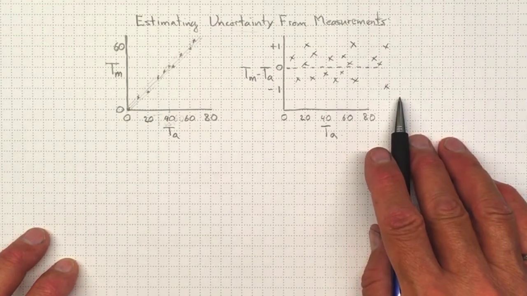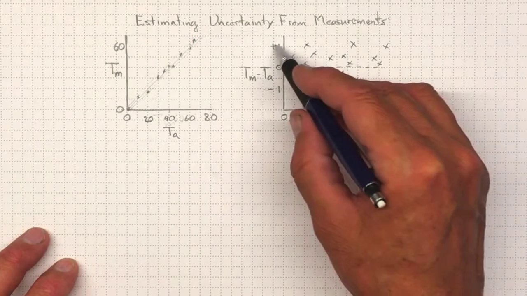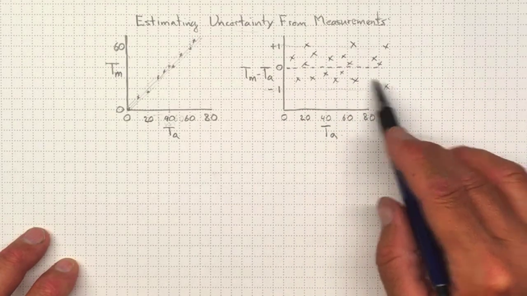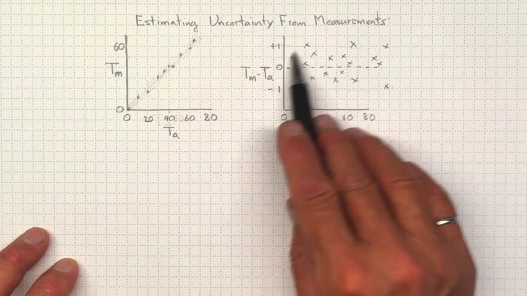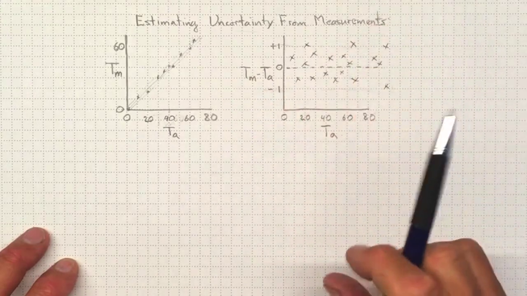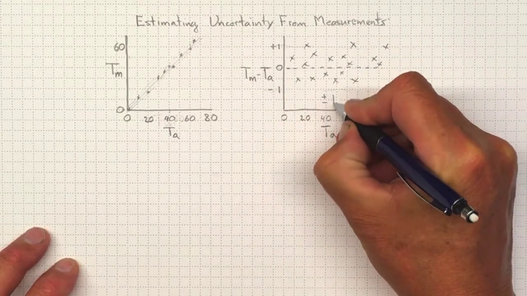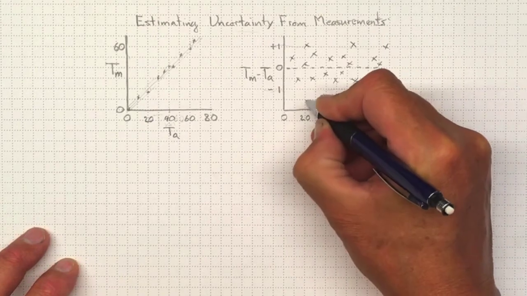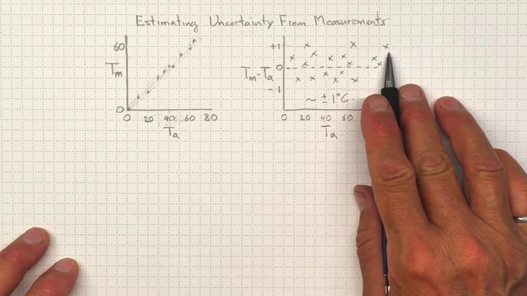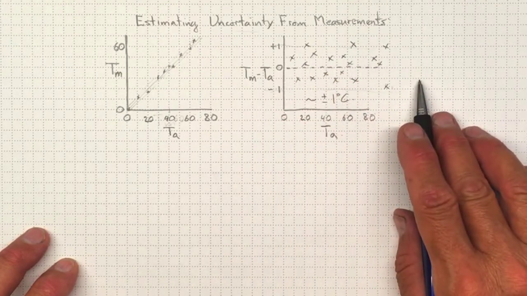And if I was to eyeball this, I would say that, yeah, probably in a range about like that, about plus or minus 1, I've got 95% of the values. So just looking at a graph like this, it'll let me say, yeah, eyeball, this is about plus or minus 1 degree Celsius. And very often that's accurate enough. It tells you roughly how good your measurements are.